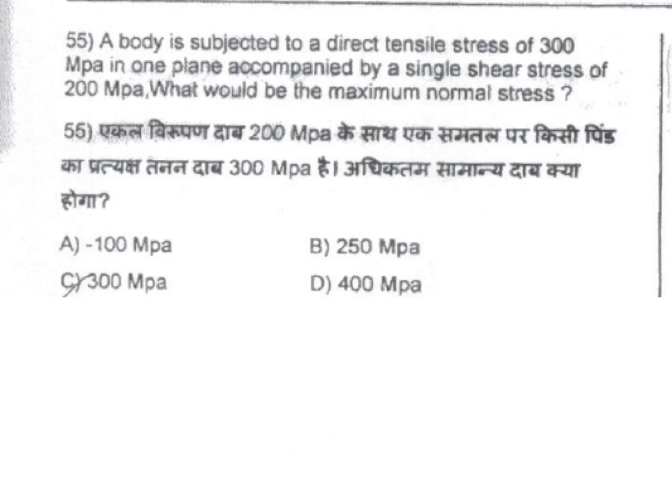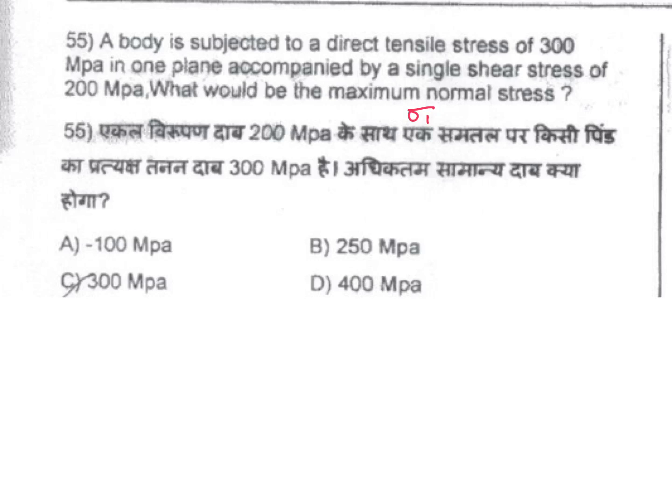A body is subjected to a direct tensile stress of 300 MPa in one plane accompanied by a single shear stress of 200 MPa. What would be the maximum normal stress? Sigma 1, we have to calculate maximum normal stress. Major principal stress.